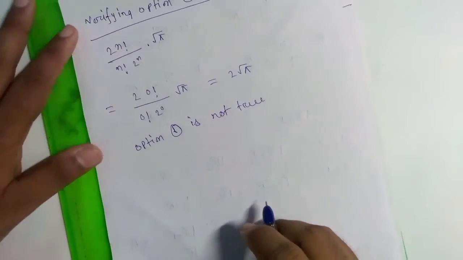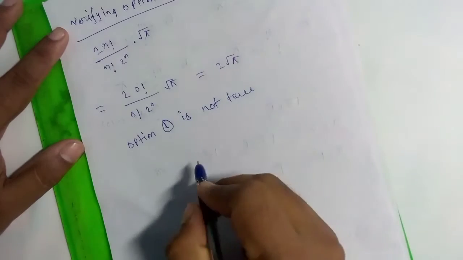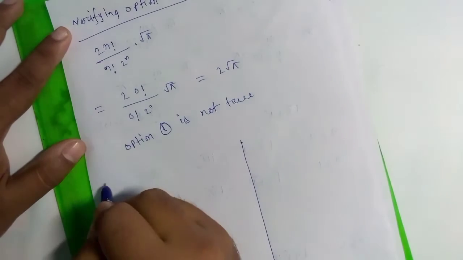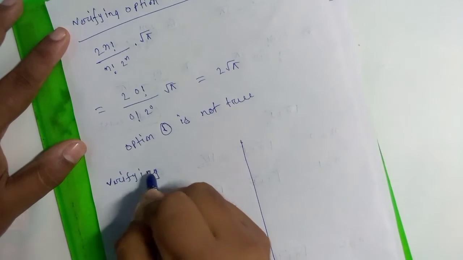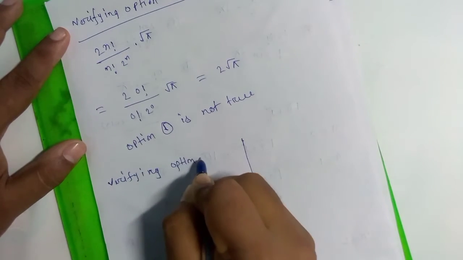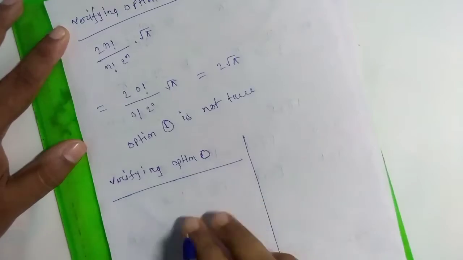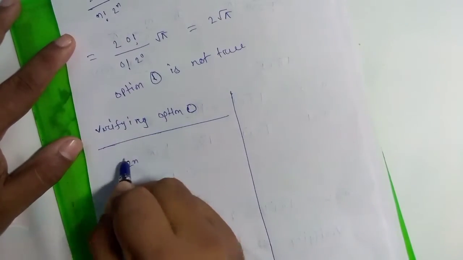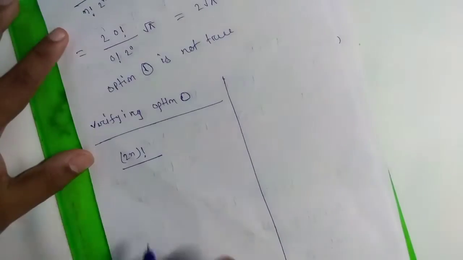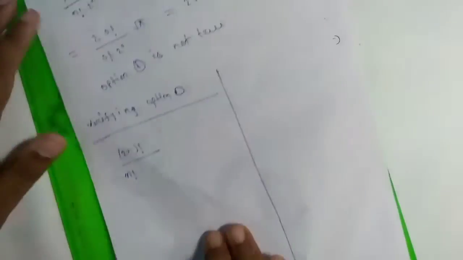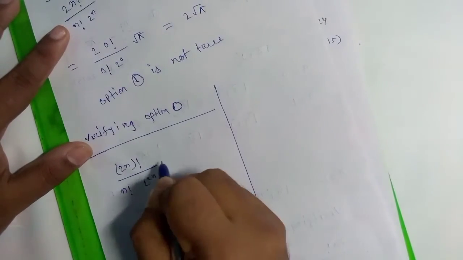Now we go to our remaining options, verifying option C. Here option C is 2n factorial by n factorial 2 to the power 2n root pi.